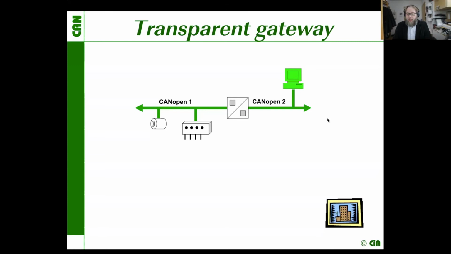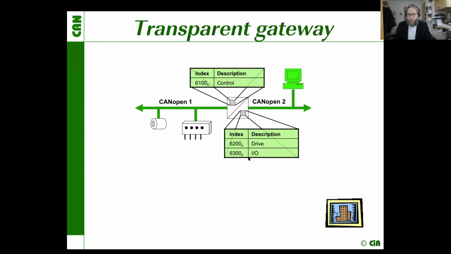The gateway is either a dumb gateway. When it's a dumb gateway, then of course we need to set it up to tell it what is being connected within the network. If it's an intelligent gateway, it may just scan what is connected on network side 2 and represent the functionality from network type 2 into the object dictionary to side 1, and the same vice versa.